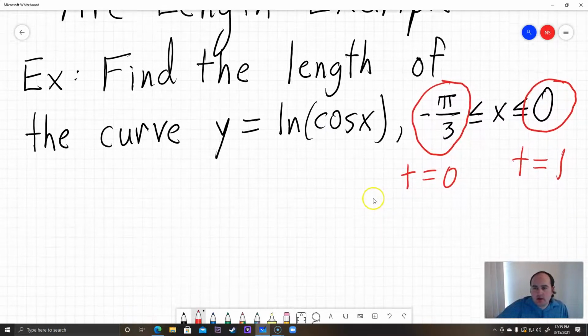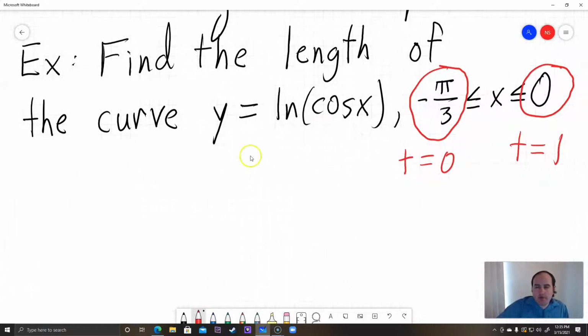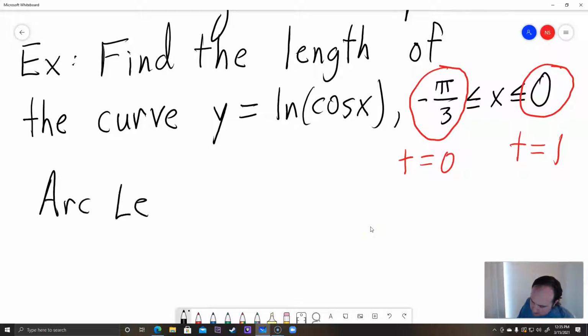Okay, so let's work on this. The formula we're going to be using is the arc length formula.